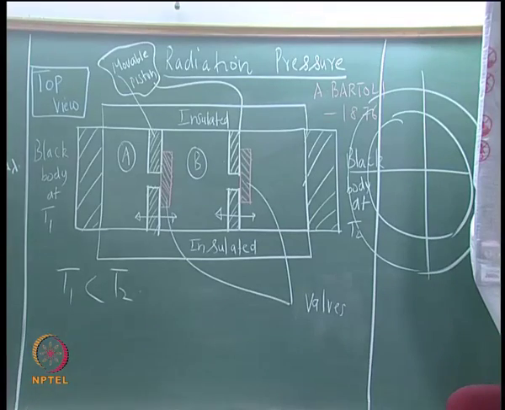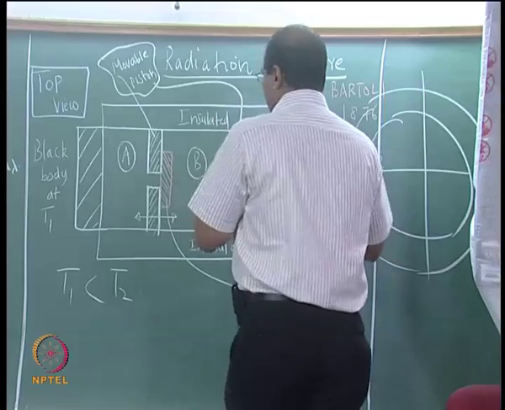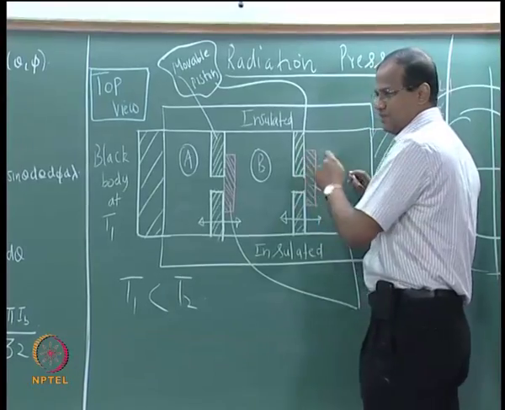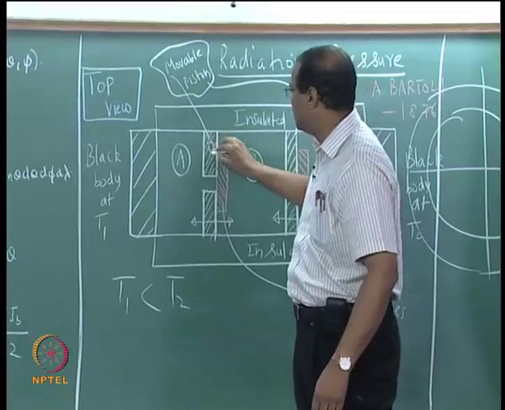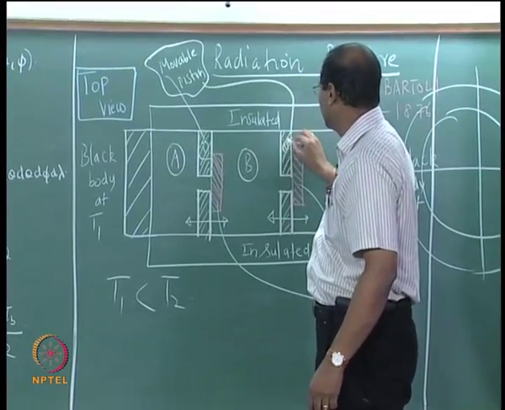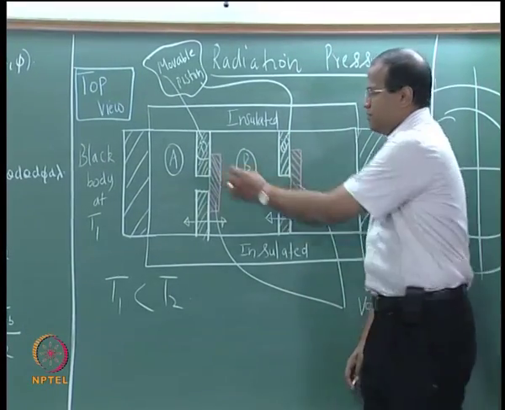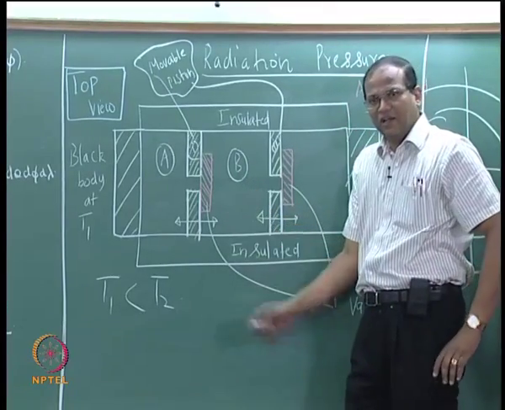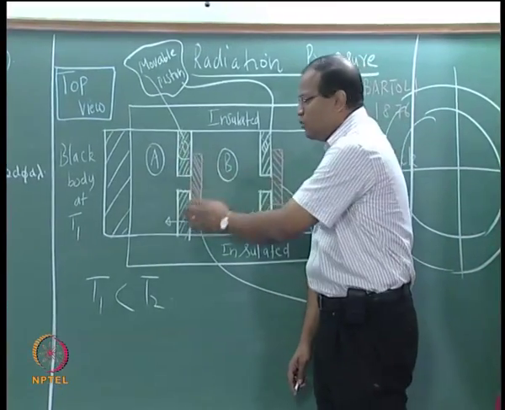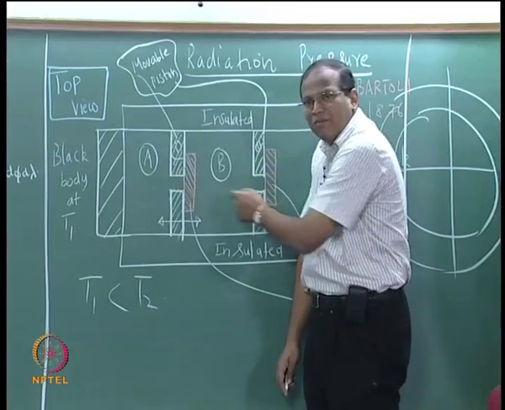Okay. There are two movable pistons, okay. There are two movable pistons 1 and 2 which are contained in this cylindrical enclosure. This movable piston have a small gap in between, okay.